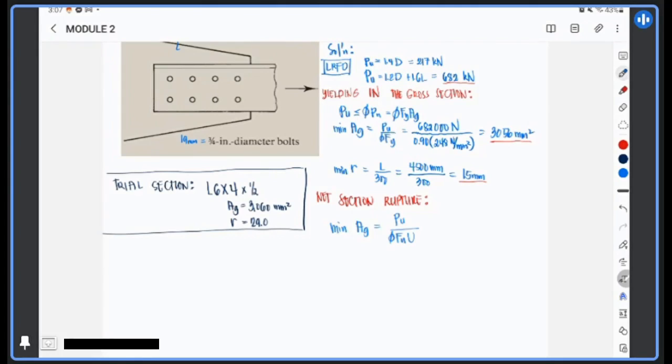So for our trial section, we use the minimum, 0.75.